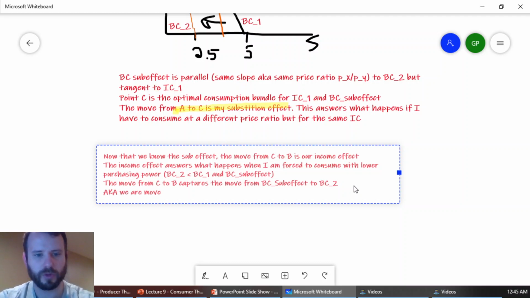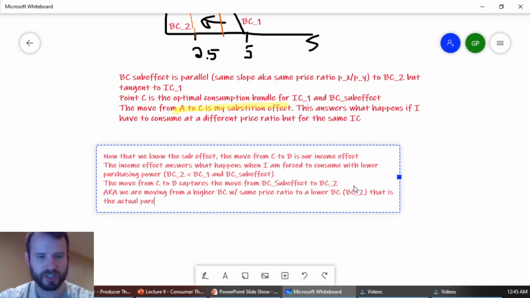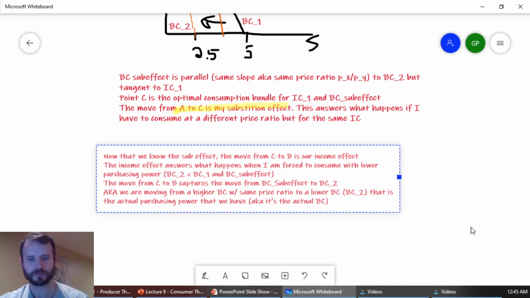AKA we are moving from a higher budget constraint with the same price ratio to a lower budget constraint BC2 that is the actual purchasing power that we have, aka the actual budget constraint we have.